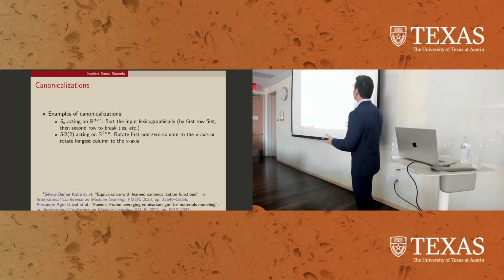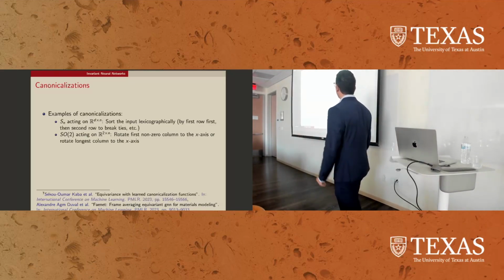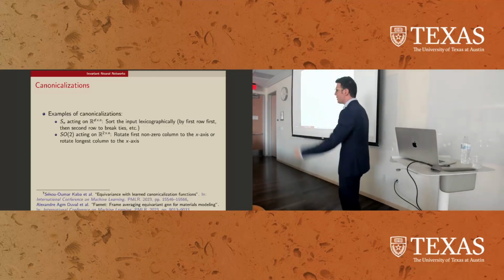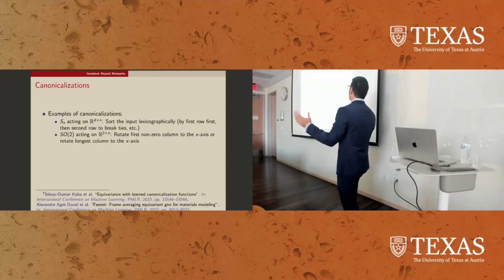So let me give some examples of canonicalizations, just to give you a specific idea of what I'm talking about. For our situation of the symmetric group acting on point clouds, we could, for example, sort the input lexicographically, sort by the first row, and use that to standardize the input.